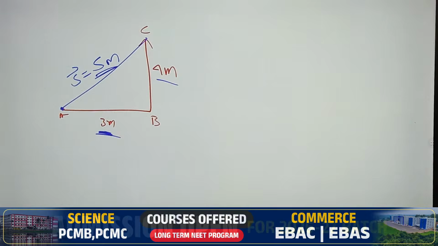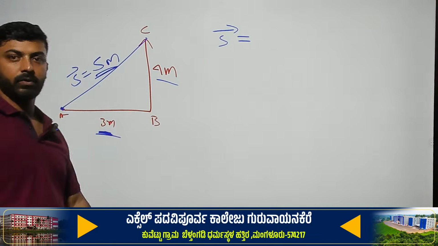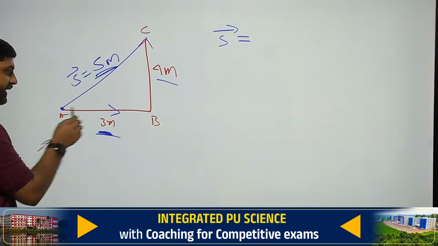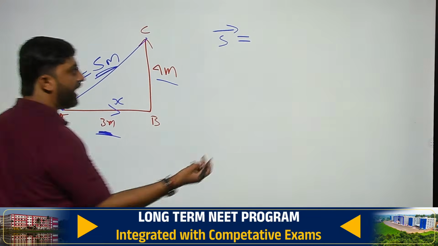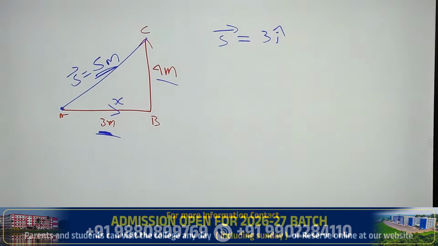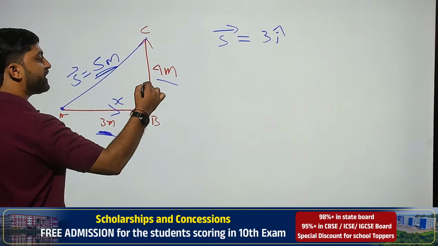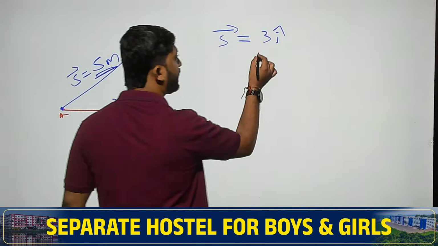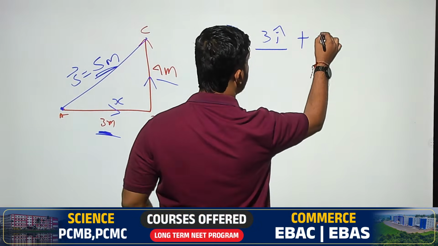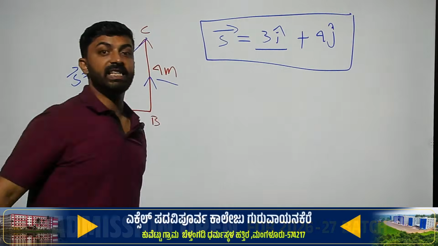But in vector form, we can solve it in this way. First, the body has traveled from A to B in the x-axis, so I can write 3i cap, right? The body has traveled 3 meter in the x direction, then it moved from B to C in the y direction, so I can write 3i plus, what is the second value? It is 4j cap, right? This represents a displacement vector.